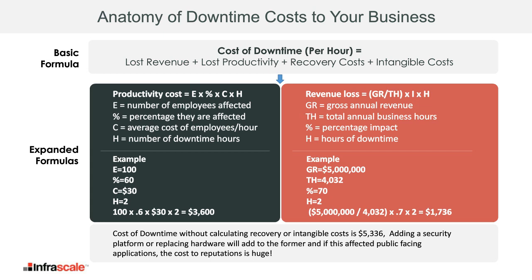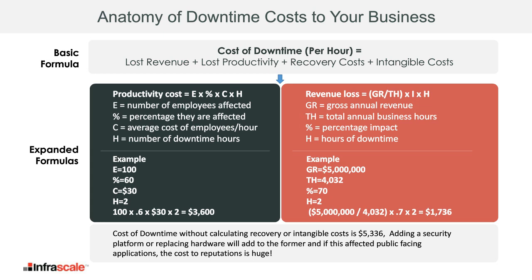So I've given you an example here with a fictitious company that has 100 employees. 60% of them are adversely affected if this or these critical applications are down. Their average hourly wage is $30 per hour. And this particular downtime event would be for 2 hours.